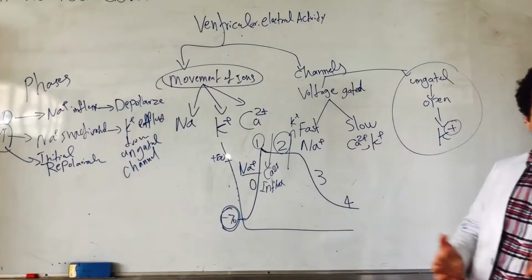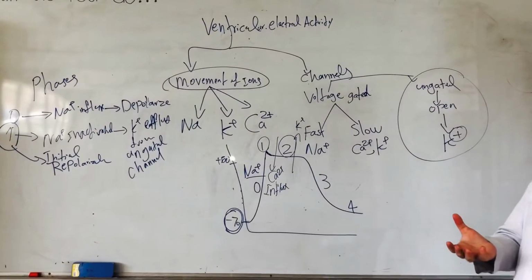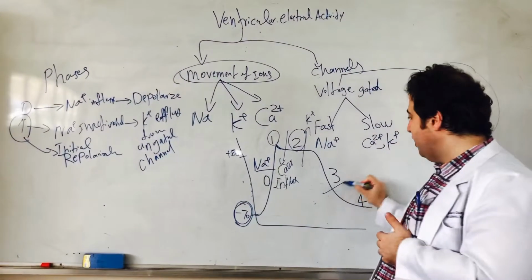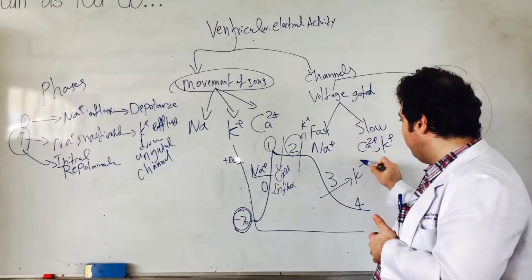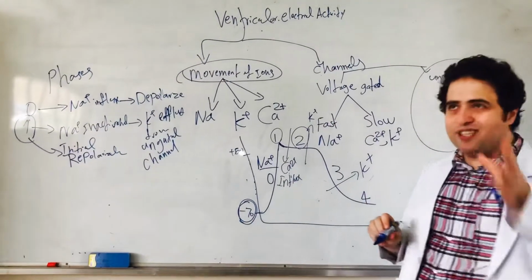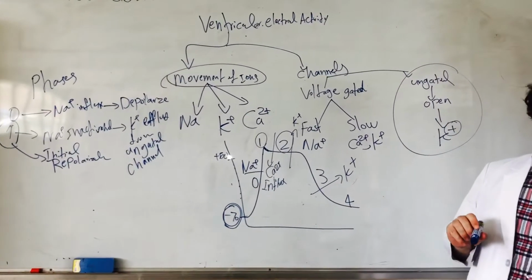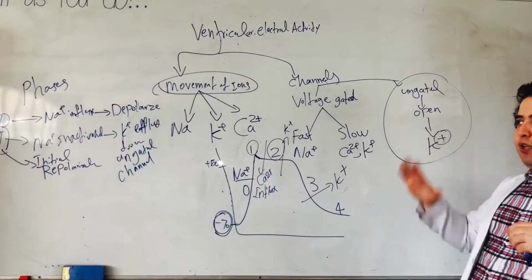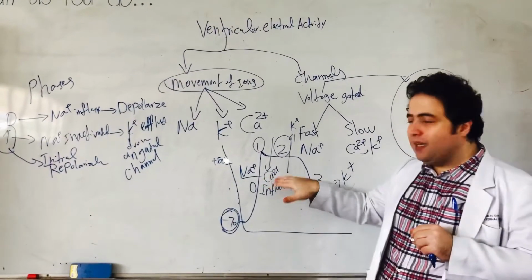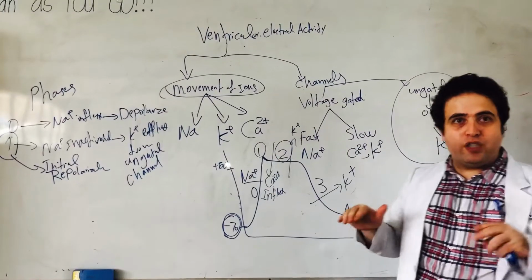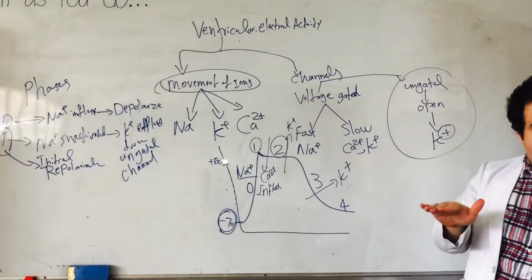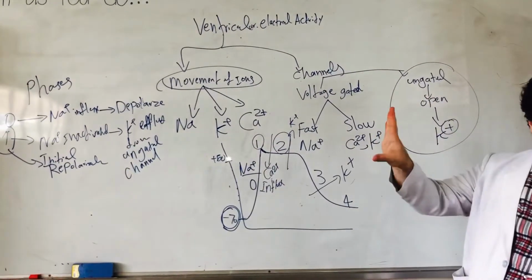So potassium will efflux from the cell. So in the phase 3, which ion will efflux? Potassium. And it makes sense to me already, because potassium is positively charged. When it goes out of the cell and there is no more positive calcium to go in, the cell will become more negative. Positive is leaving the cell.